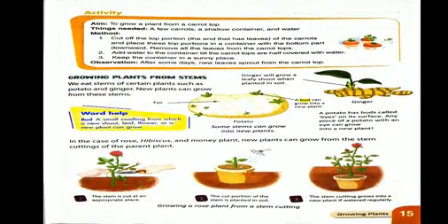Now, growing plants from stems. We eat stems of certain plants such as potato and ginger. A potato has buds called eyes on its surface. Any piece of a potato with an eye can grow into a new plant. Likewise, ginger will grow a leafy shoot when planted in soil.